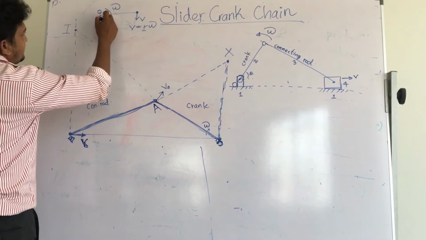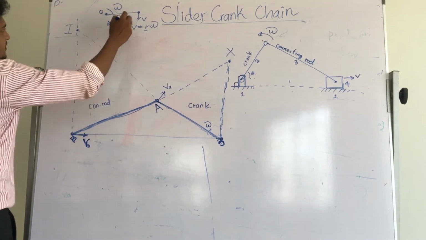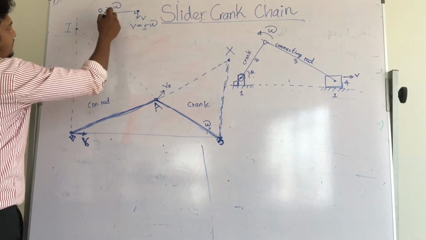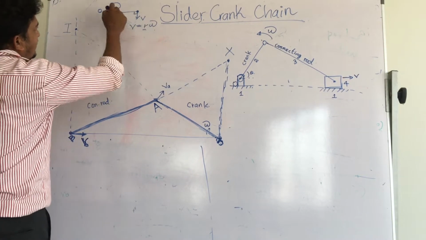Here r is the perpendicular distance from the center, and omega is the angular velocity.